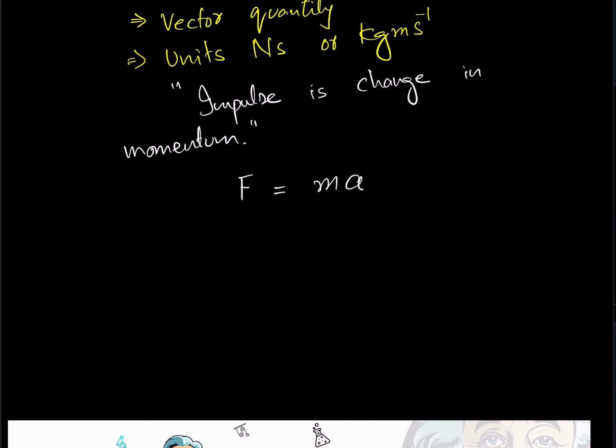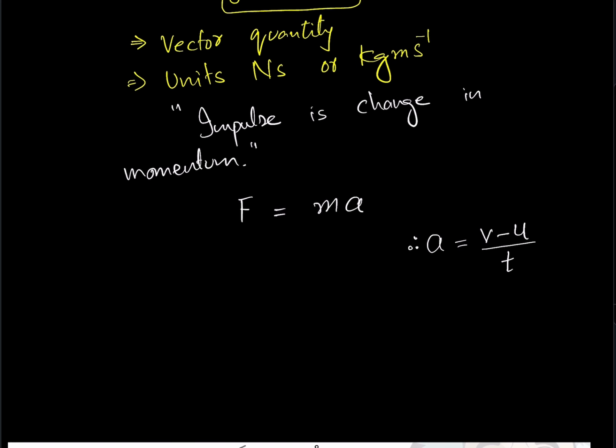We have defined acceleration previously as a equals v minus u divided by t, where v is the final velocity and u is the initial velocity. Putting this value of acceleration in, F is equal to m times (v minus u) divided by t. When I open the bracket, it becomes mv minus mu divided by t.